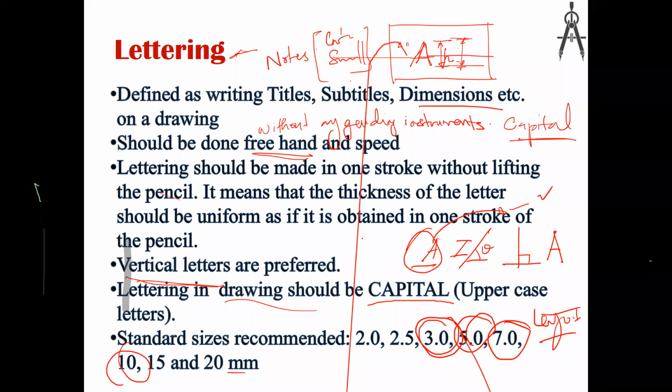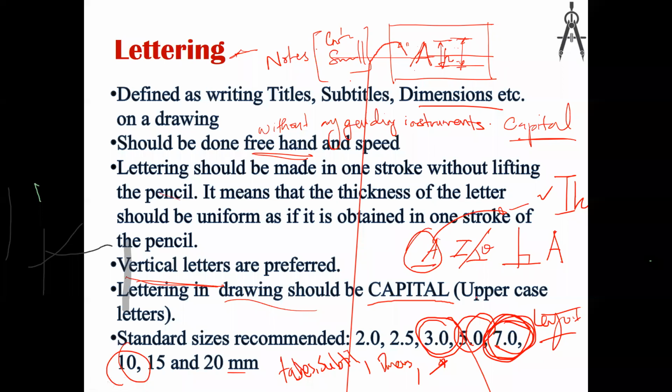But if you go to the technical drawing in your sheet, for the tables, subtitles, and for the dimensions, you have to select 3 millimeters. Okay, so main titles you can write in 7 millimeters, right? 7 millimeter letter height.